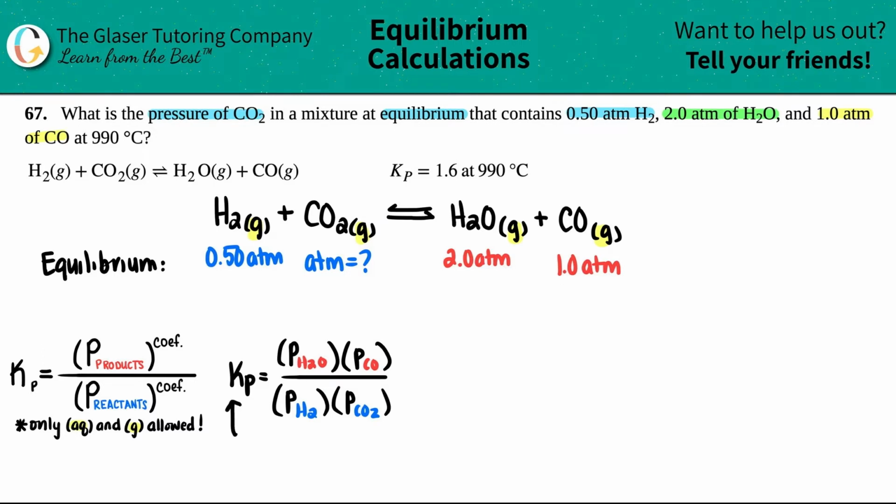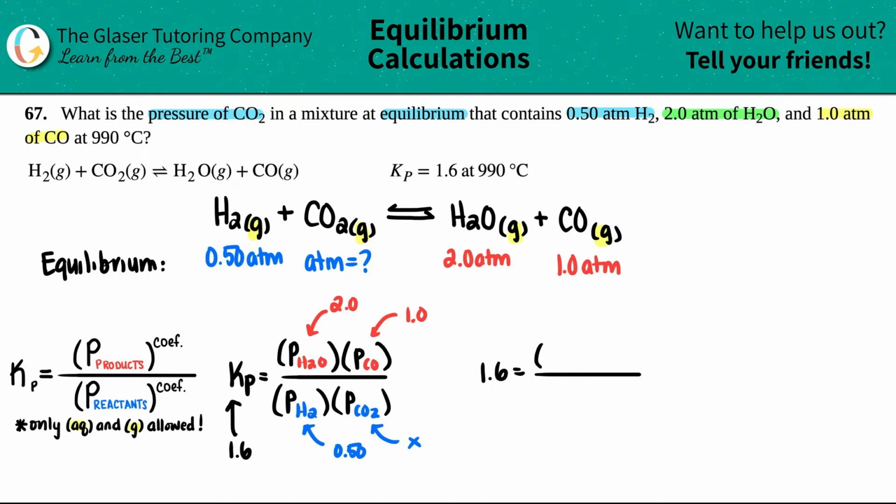Now let's just put down what we know. They gave me the Kp value. They told me that it was 1.6. They gave me the H2O value. That's 2.0. They gave me the CO value, that was 1.0. They gave me the H2 value, 0.50, and we have to solve for this. So, let's get it going. 1.6, that's the Kp value, equals something over something else.